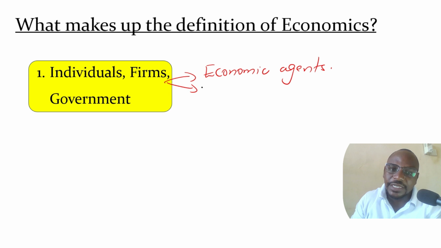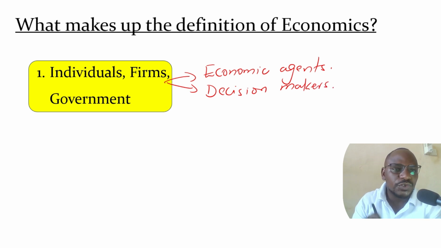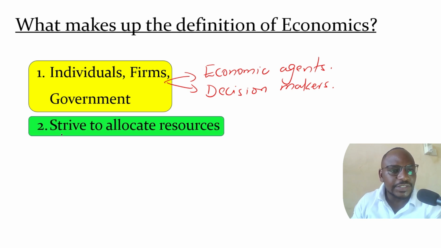These economic agents, they are basically the decision makers. In short, these are the people who make decisions on how to allocate the scarce resources to meet those unlimited needs and wants.